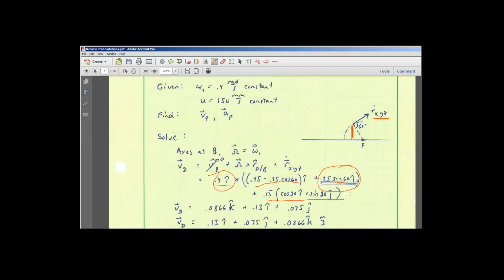Constant U. And then the parentheses part is just the vector term, right? Yeah, that's just this guy right here, whatever your capital omega was, which was the 0.4 in the I hat, and then crossed into that R vector that you've chosen. Okay.